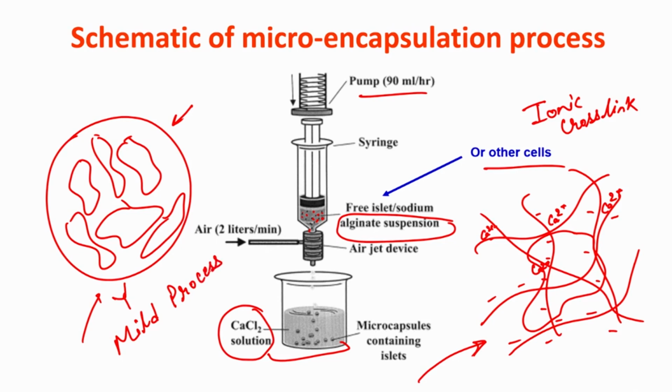If you look through the whole process, there is no organic solvent, there is no high stress condition that the cell is facing. All it is seeing is some high concentration of calcium, which is anyways a physiological ion that is present. So, in most cases this process works very well with the cells, and the cells are fairly happy in the end product.